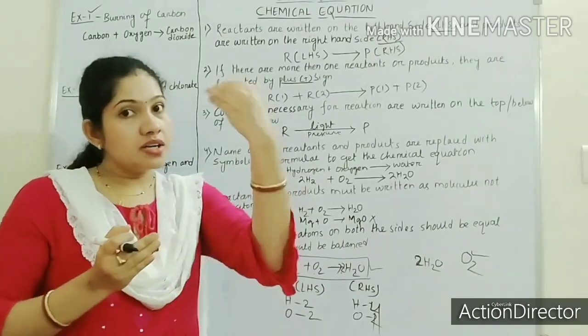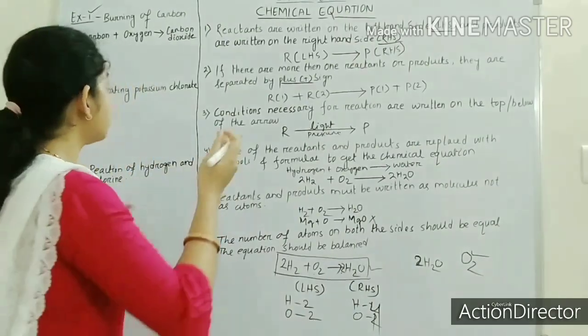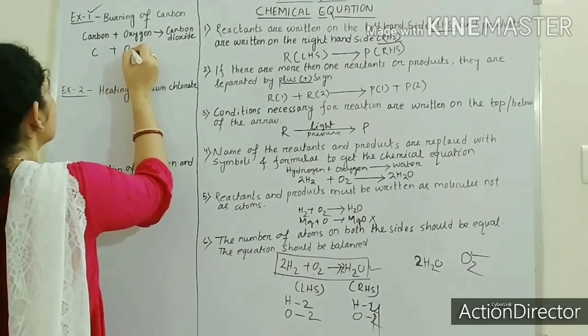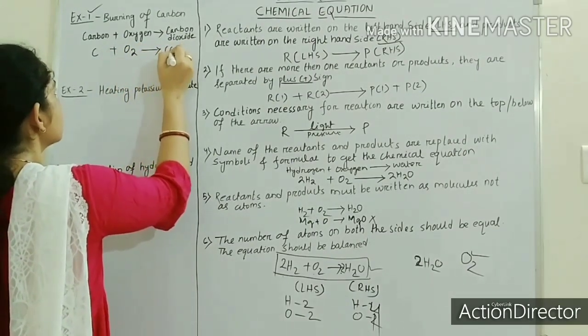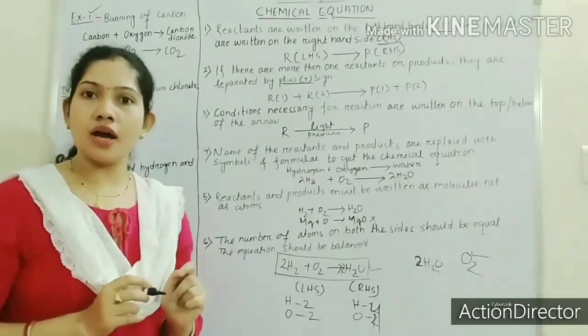Now we will convert that word equation into chemical equation. Carbon plus oxygen gives rise to carbon dioxide.